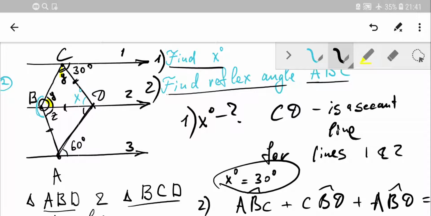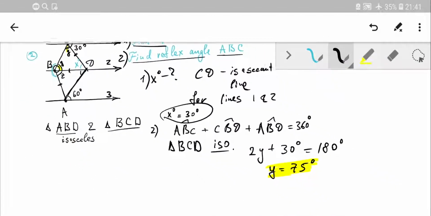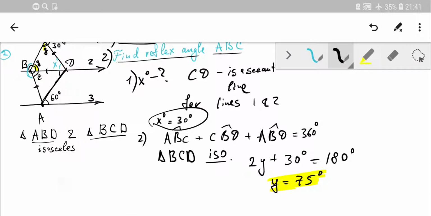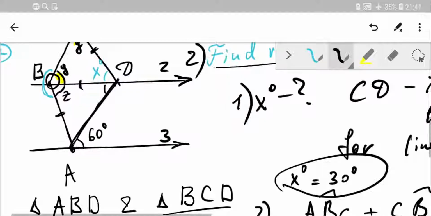So AD is the second line for lines 2 and 3, so I write this fact. AD is second for lines 2 and 3. So 2 and 3, they're parallel lines. So looks like there's also 60 degrees, okay? So now, because the triangle is isosceles, here is also 60 degrees.